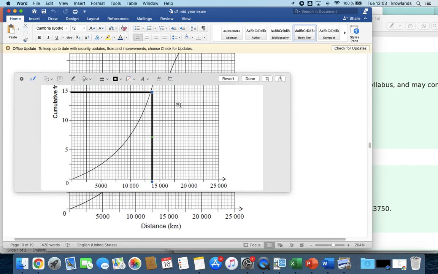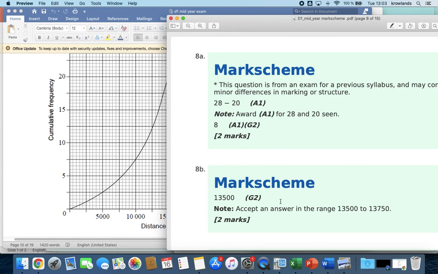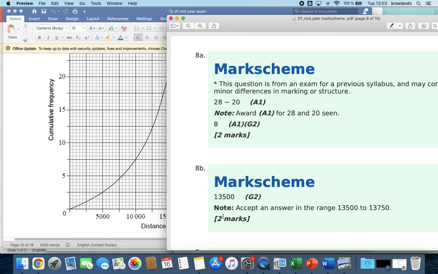So it needs to be 7/10 of the gap, which is 5,000. And then that is going to allow you to work out the jump is 3,500. So you take the 10,000, you add on 3,500, and you get the 13,500.